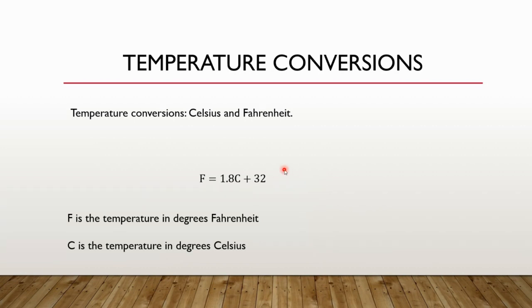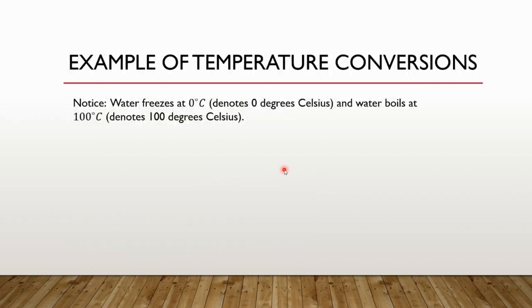Okay, let's do an example. You could take this as a given by observation, but water freezes at 0 degrees Celsius. That little 0 looks like an exponent, but it stands for degrees, and the C is Celsius.